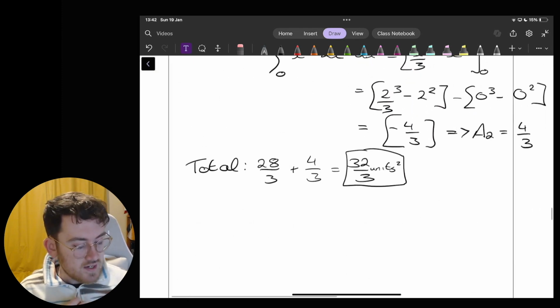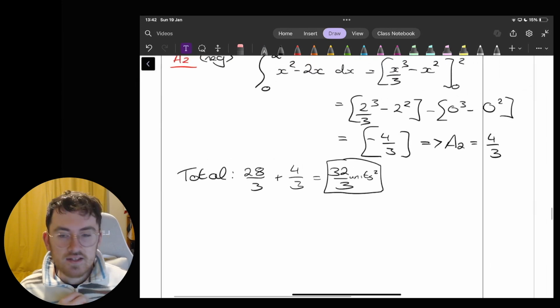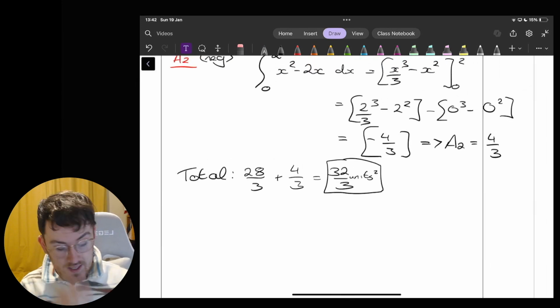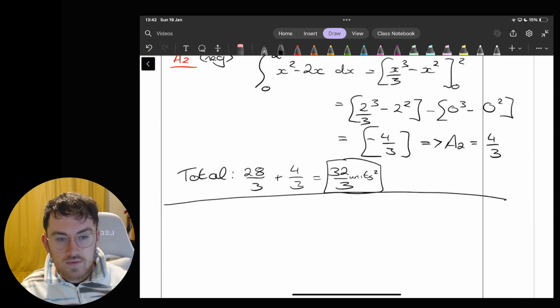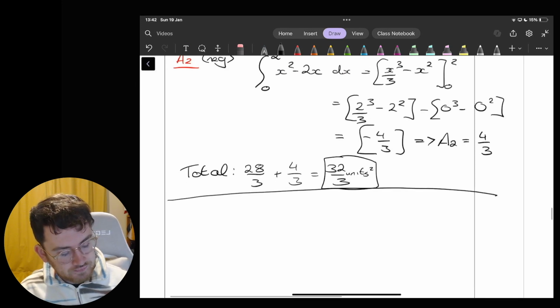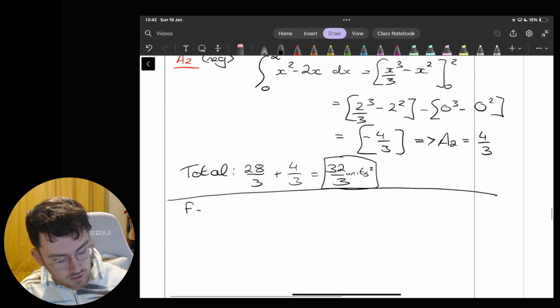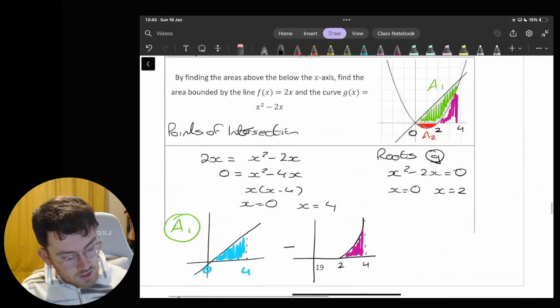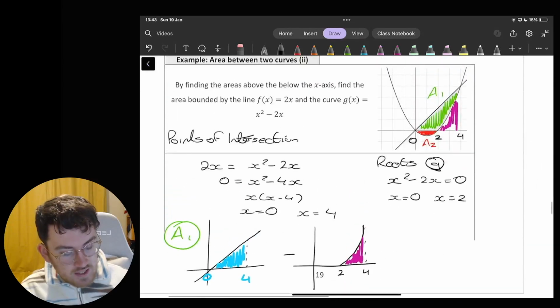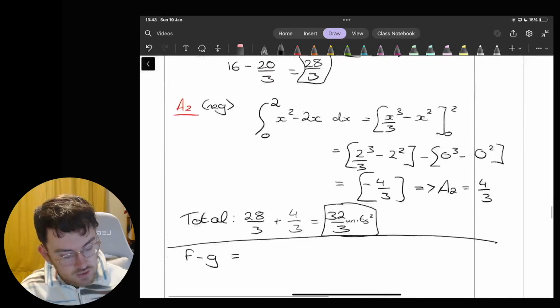Now I suppose looking at this, we can try and apply that second method again. The idea here is that we are constructing a function which is basically the intersection function for these two curves.